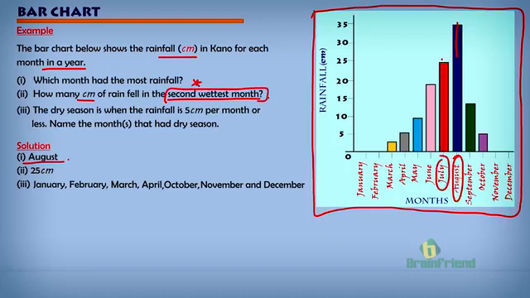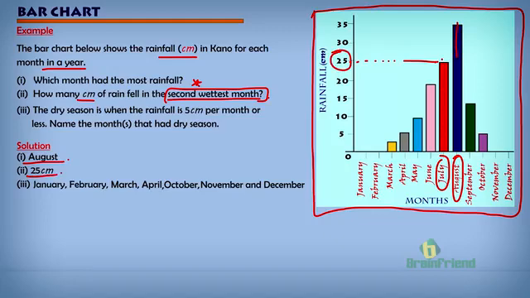So we've been asked to find the centimeters of rain that fell in the month of July. To do that, we'll do a trace to get the frequency, and that would be 25. So 25 centimeters of rain fell in the month of July, which is the second wettest month.